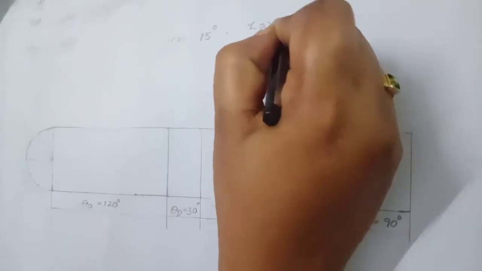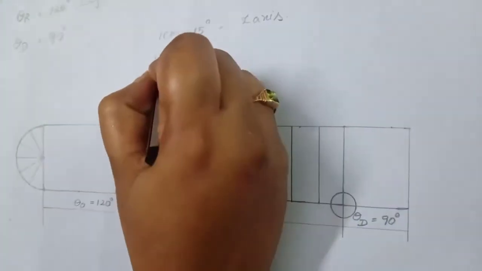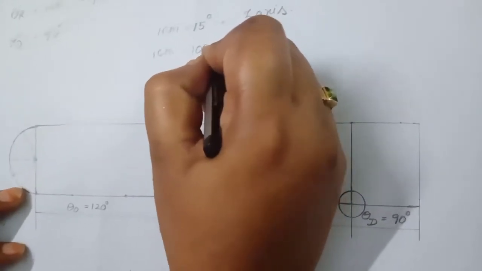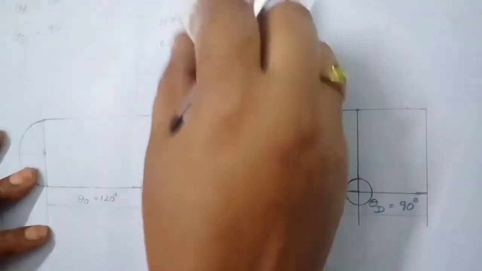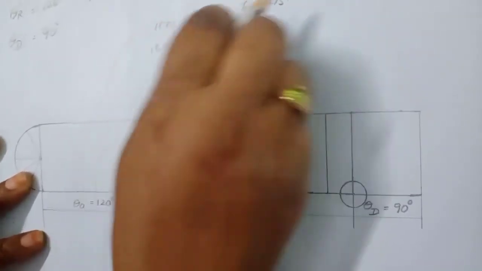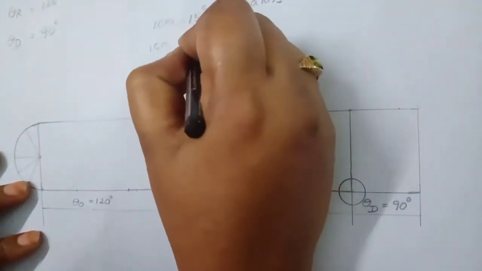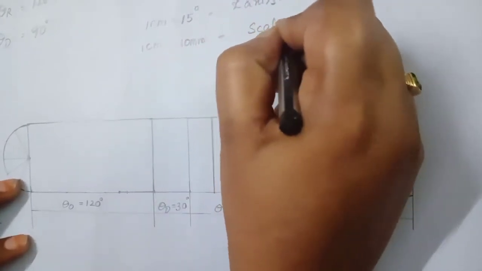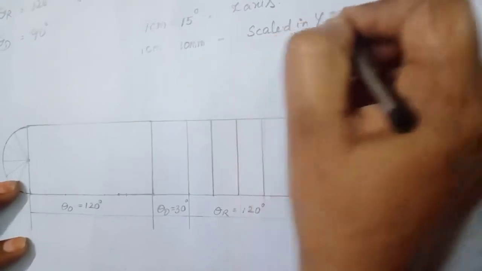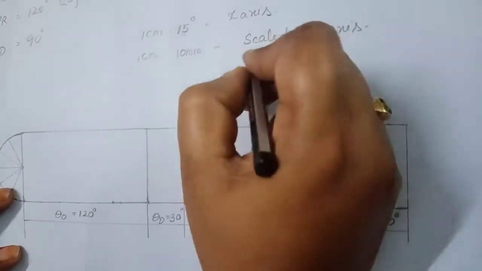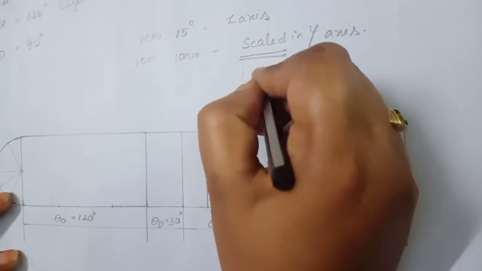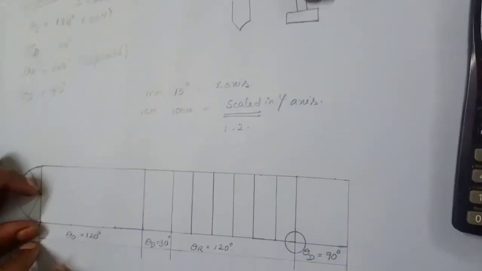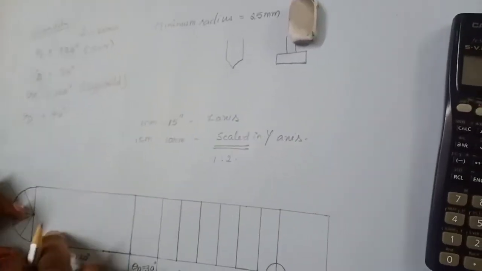Now I have changed somewhat, and I have scaled that. 1 centimeter equal to 10 mm, and I have scaled the value in the y-axis as well as in the x-axis, scaled in the sense 2 times. 1 is to 2, an enlarged scale I have taken, because 20 mm is very small, so I can't draw the diagram.